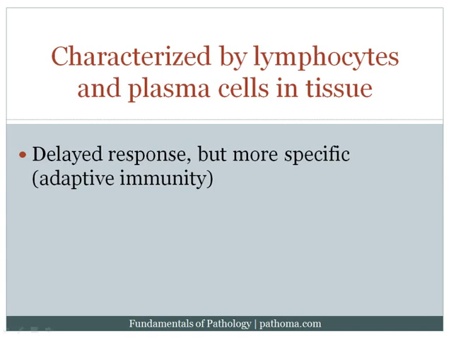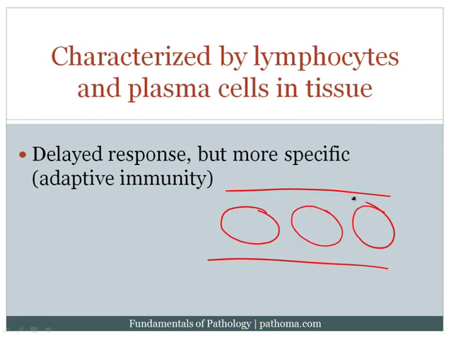This particular section starts by discussing the fact that chronic inflammation is characterized by lymphocytes and plasma cells in tissue. Remember that I told you that the idea behind inflammation is getting what's present within the blood vessel into the tissue space, and that within the blood vessel can be lymphocytes and our neutrophils.